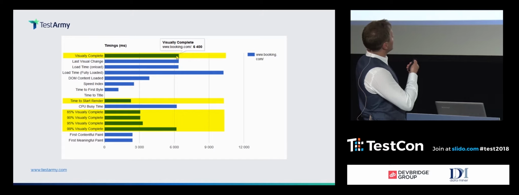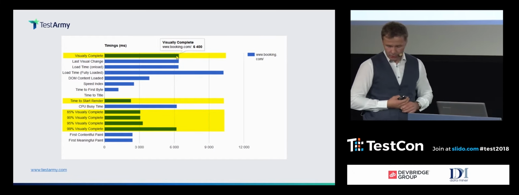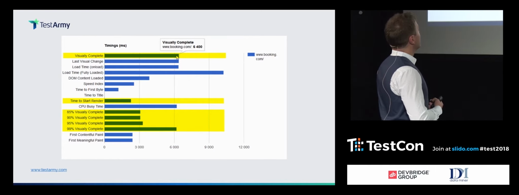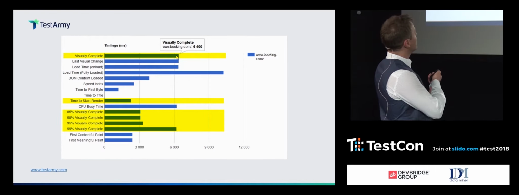So looking at this chart, you can see several interesting things and also several problems. First of all, we can see that start rendering happened approximately after 2.8 seconds. And the DOM content loaded event was fired much later.